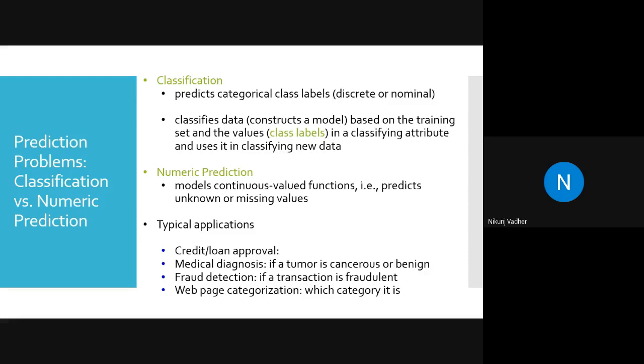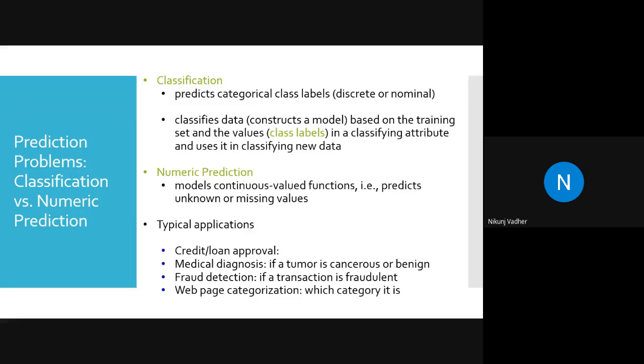Whenever you are working with algorithms like k-nearest neighbor, artificial neural network, or support vector machine, these algorithms accept only mathematical data. So if your data contains categorical data, strings or labels, you have to convert those labels into mathematical symbols, and then you can feed that data set to those models.